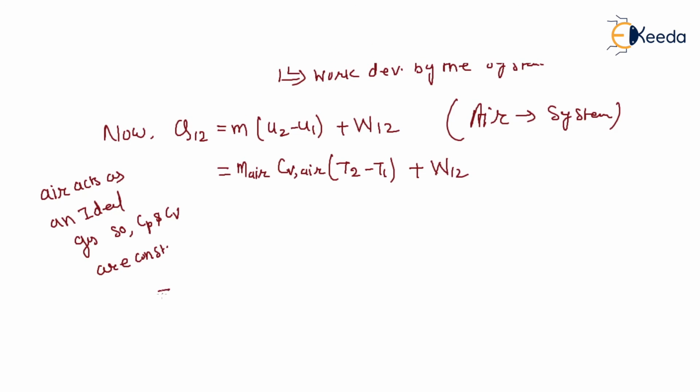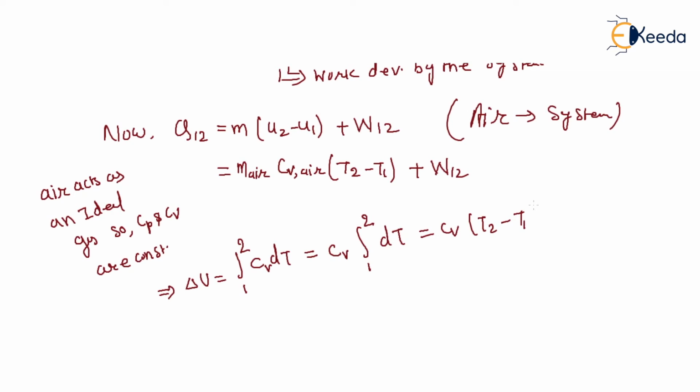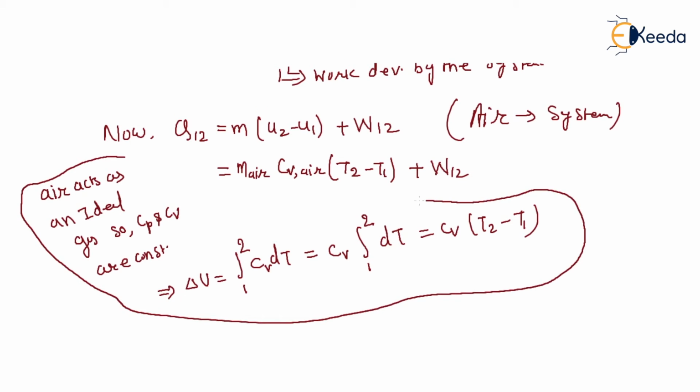If you find delta U, it is the integration from 1 to 2 of Cv into dT. Cv is constant, so integrate outside into T, that means Cv into T2 minus T1. This is for an ideal gas.